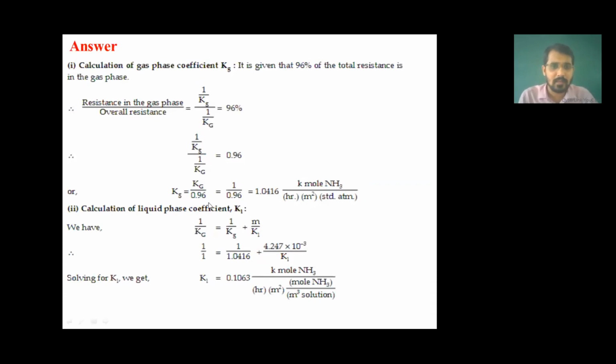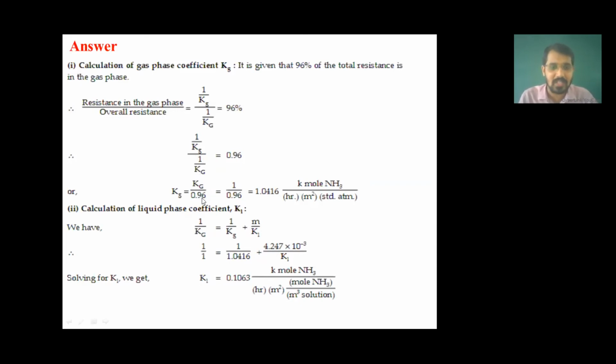So I can write 1 upon small kg divided by 1 upon capital Kg is equal to 0.96, since 96% means 96 divided by 100. The 1s get cancelled, so you get capital Kg divided by small kg is equal to 0.96, which means small kg is equal to capital Kg divided by 0.96.